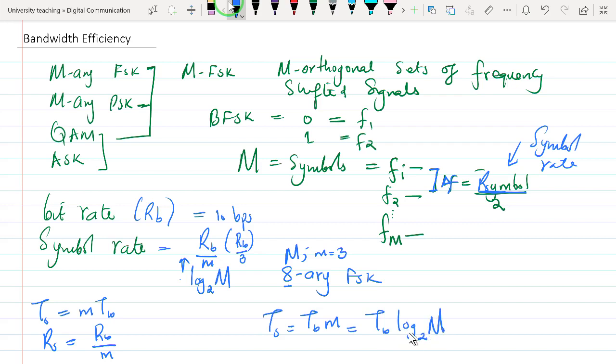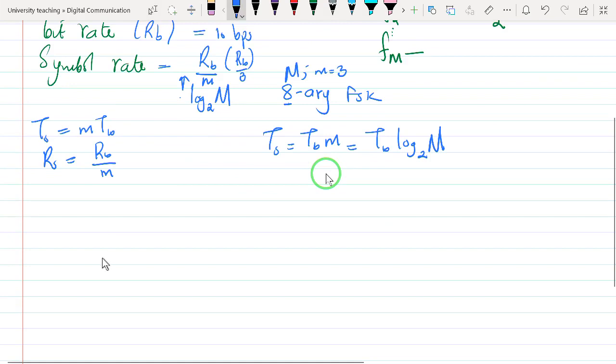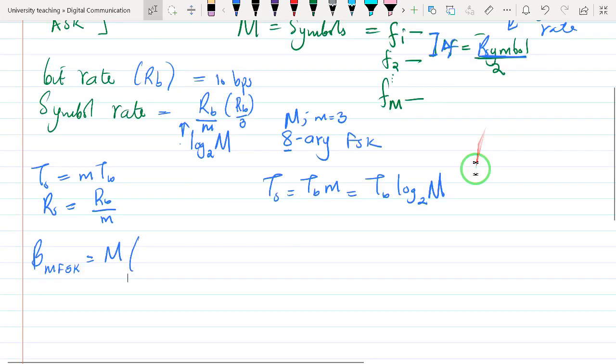We also want to find the required channel bandwidth for us to transmit the FSK signal for an M array FSK, and we can symbolize it as BMFSK. We can evaluate it as M times the difference that we have just seen here.